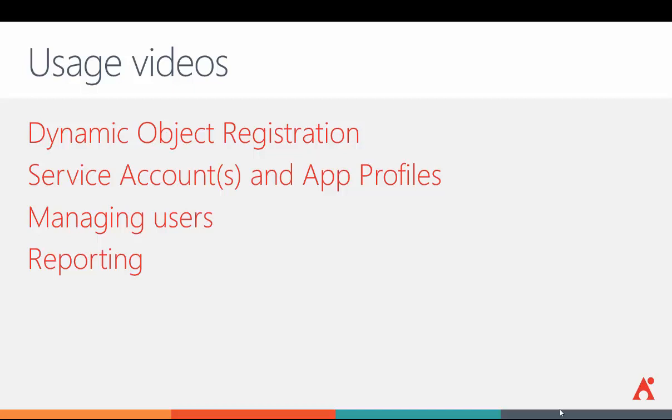We'll talk about service accounts and app profiles, why they are necessary, what they actually do. We'll get into managing users, AOS users in particular, if you want to add additional AOS administrative accounts, for instance, so that various people can log in and manage the different services that are available there. And we'll finish up there with a discussion on some of the different reporting options available at the AOS tenant level, both collecting the data and actually reporting itself.